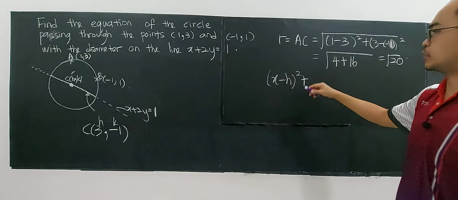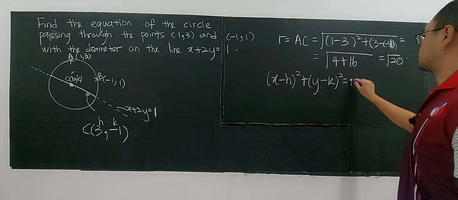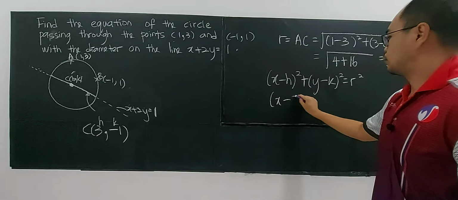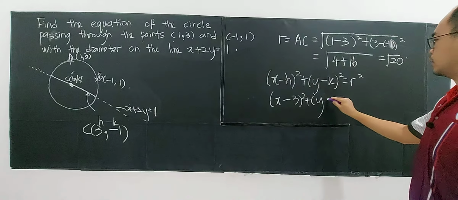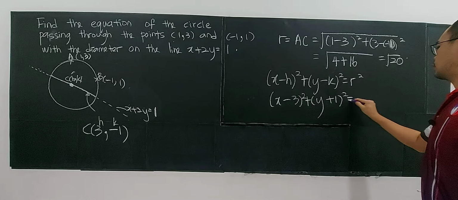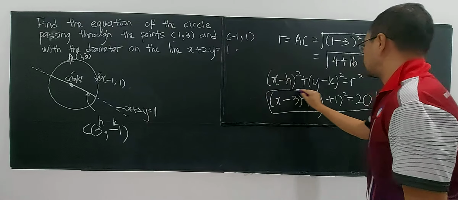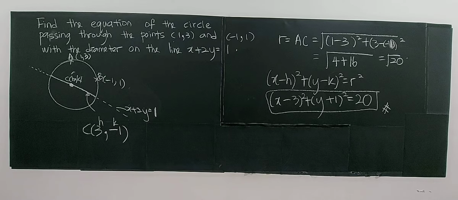So x minus h squared plus y minus k squared equals r squared. So x minus 3 squared, plus y plus 1 squared equals 20. This is the equation of the circle in standard form. I hope you understand this method and follow through all 3 methods for a very good understanding.